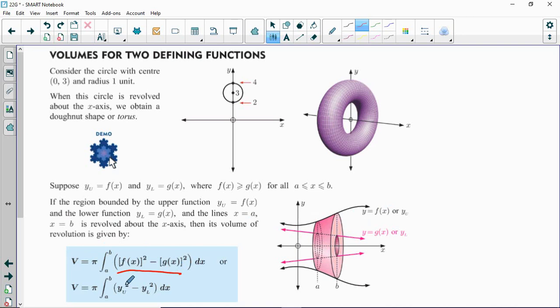Or again, you could think of it as they have down here, the subscripts indicating this is the upper y value squared minus the lower y value squared. Just like we thought about with areas, top function minus bottom function, same idea here. And if we were to do something like this around the y-axis, it'll be the function on the right squared minus the function on the left squared.